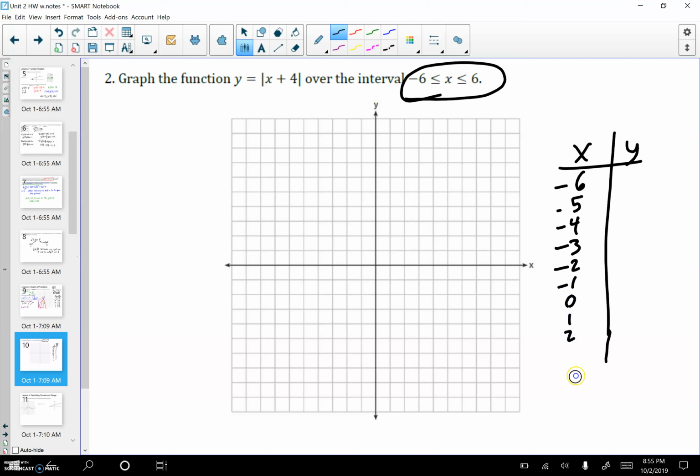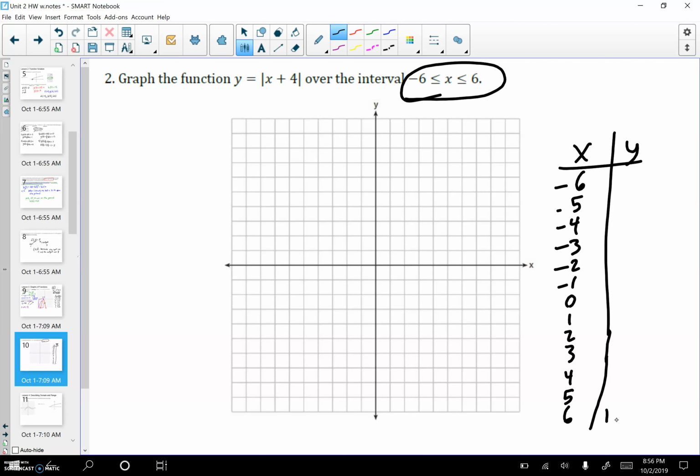I'll make my table a little bit bigger, 2, 3, 4, 5, 6. And all of these values we are just going to get out of our calculator. Hold on, just give me 1 second to plug it into my calculator, and let's see what we get here.